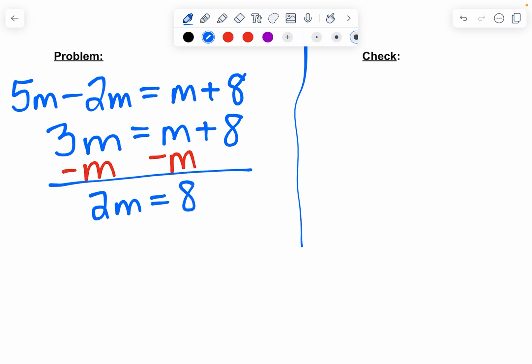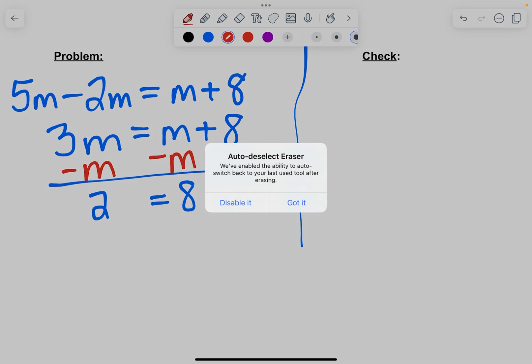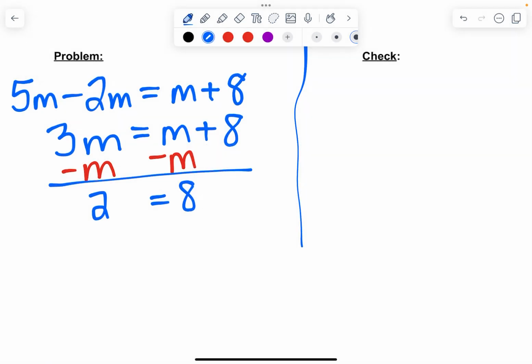Now, the next step, rather than just guessing, we can move further. You're going to notice that between the 2 and the m right there, there is multiplication. So any number in front of that m, we're actually going to divide.